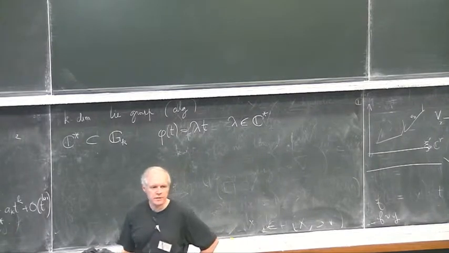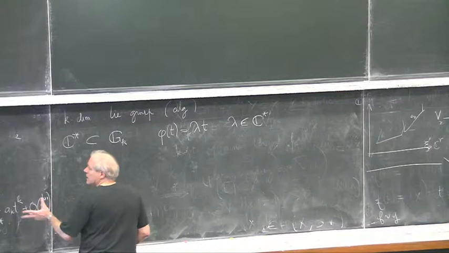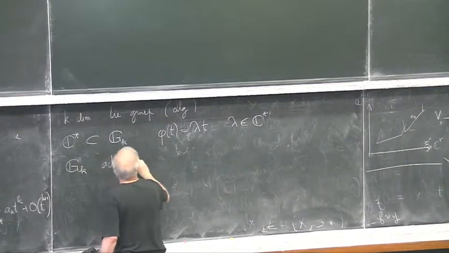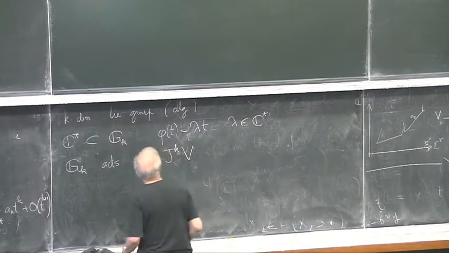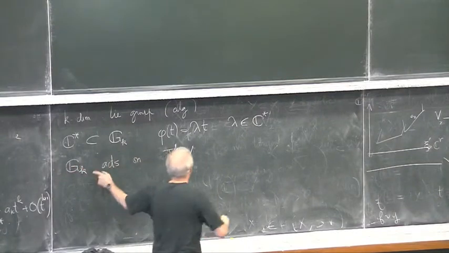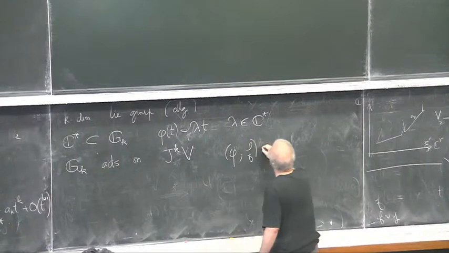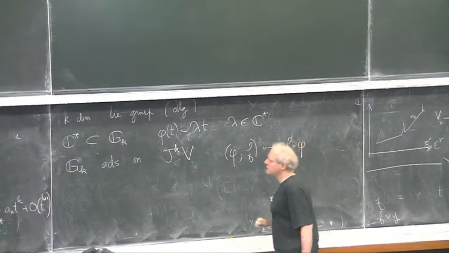So it's certainly not reductive. Anyway, so as I said, you have an action. So this group acts on JK of V. Simply, if you have a reparametrization and a curve, then you associate the reparametrized curve.